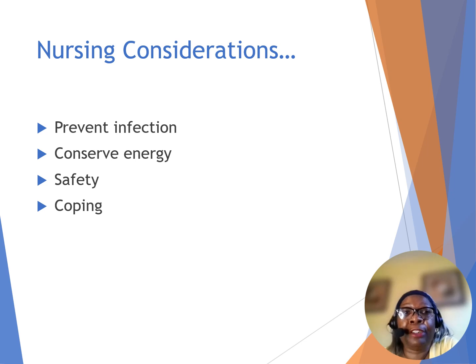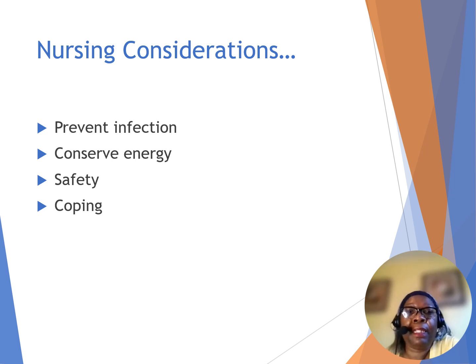Also, we want to monitor their temperature, and anything over 100.4 degrees Fahrenheit or 38 degrees Celsius that lasts for more than 4 hours can indicate an impending infection. And one more thing that you probably did not consider, have the patient deep breathe every 2 hours while awake. Deep breathing every 2 hours while awake. We want to get as much oxygen as we can in the body.